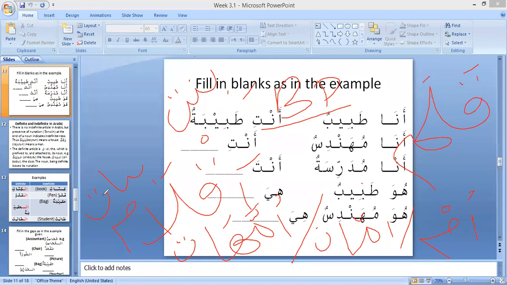Then you say huwa muhandis, hiya muhandisa, huma muhandisatan, if the two are female. How about if the two are male? Muhandisan, yes, that's right.